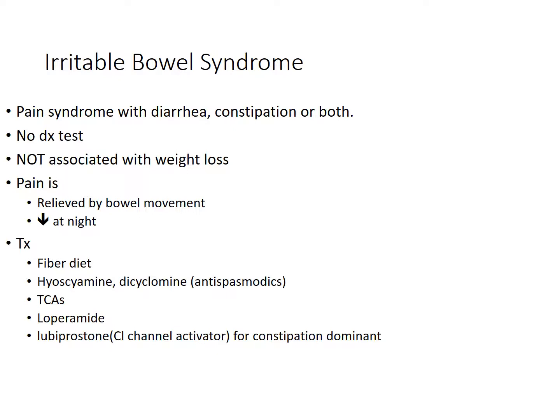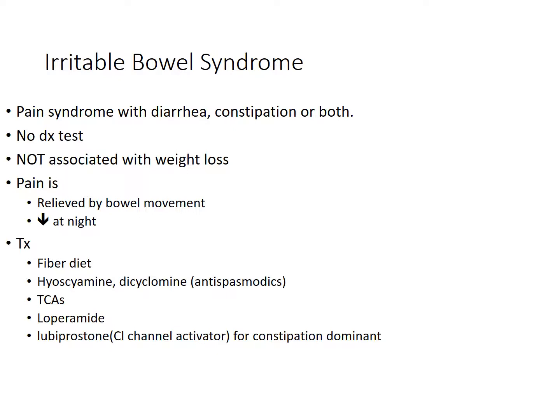To treat IBS, usually conservative management, lifestyle changes, a high fiber diet, try to bulk up that stool. And then you can try some antispasmodics, such as dicyclomine or hyoscyamine. Your TCAs, loperamide can be used for diarrhea predominant.